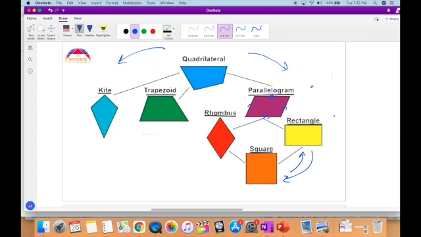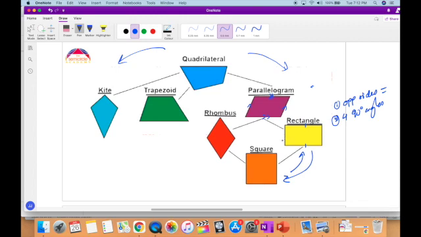2 long sides, 2 short sides. Okay, yes, 2 long sides, 2 short sides, but the opposite sides are equal in length. So number 1, opposite sides equal. Number 2, 4 90-degree angles.